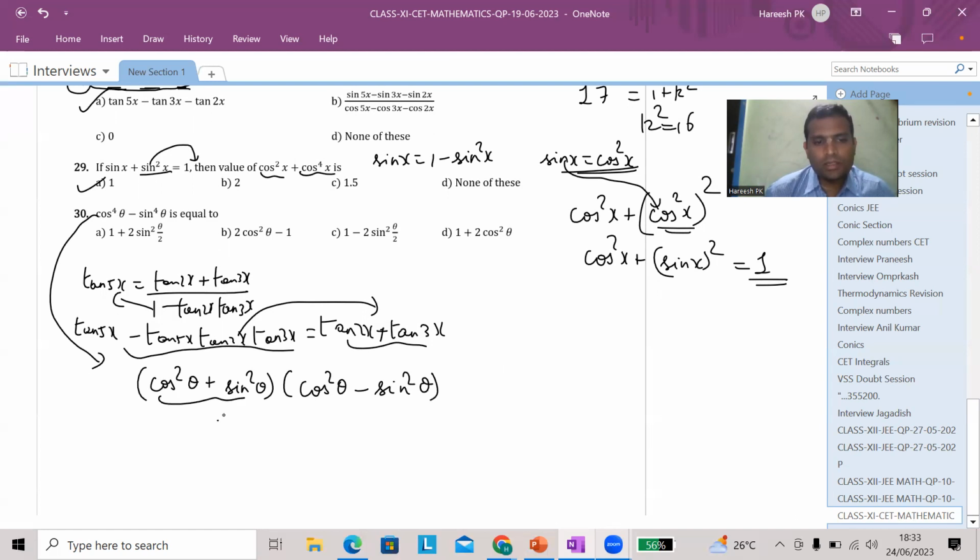So this is 1 and this is cos 2 theta. So final answer is simply cos 2 theta. So which are the formulae for cos 2 theta? The right answer is 2 cos square theta minus 1, because all others don't actually give you cos 2 theta.